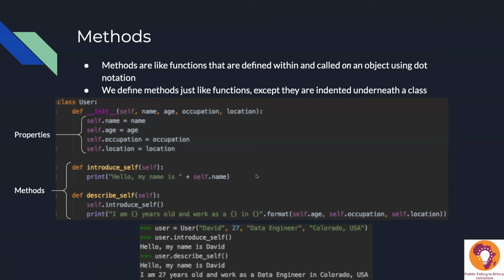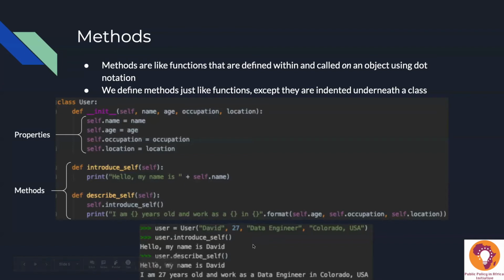And then I'm going to print out, hello, my name is David, because of that. So you can kind of substitute self here for this user object that this describe self was called on. So you can think of it as basically internally calling user.introduce self. And so that's why we see the same output that we got up here.